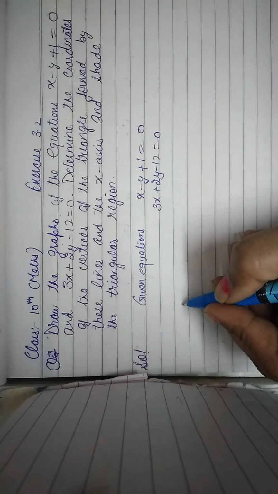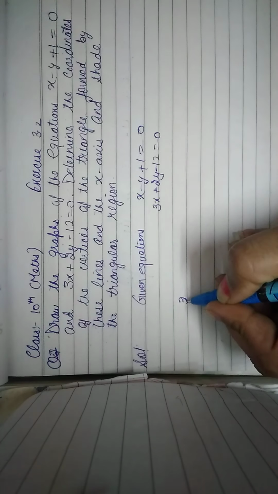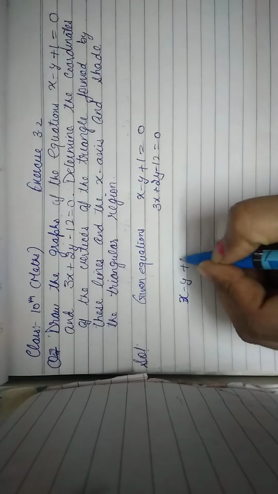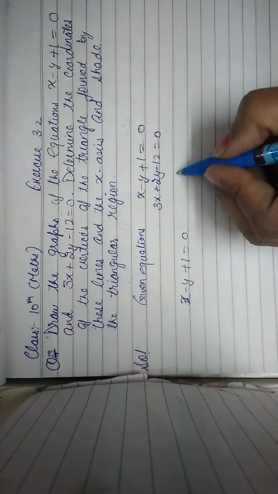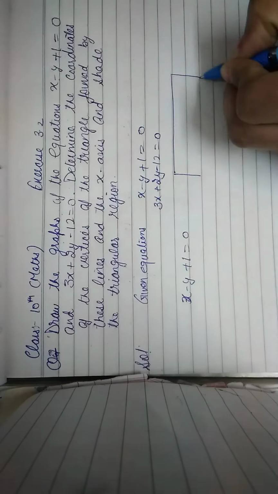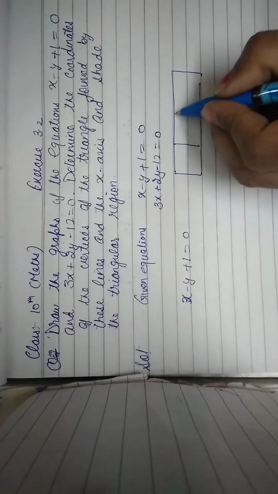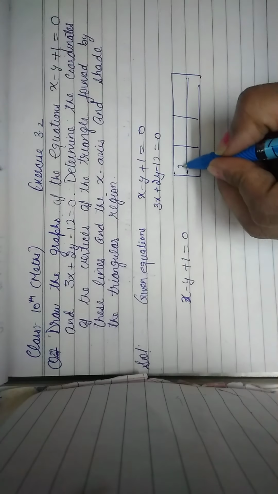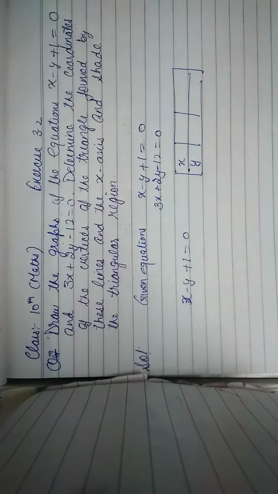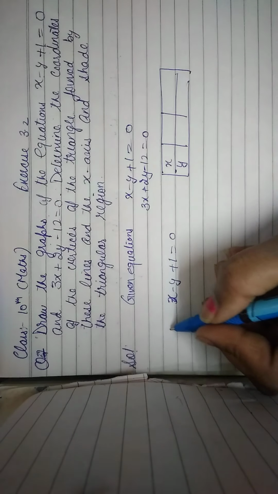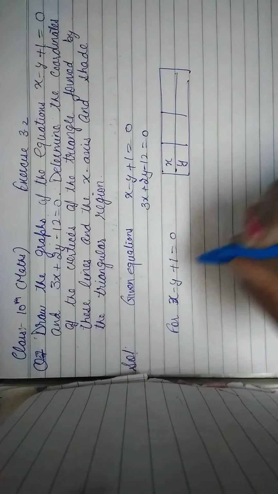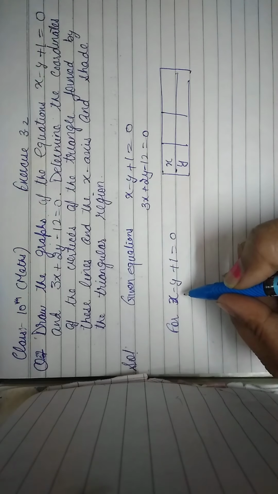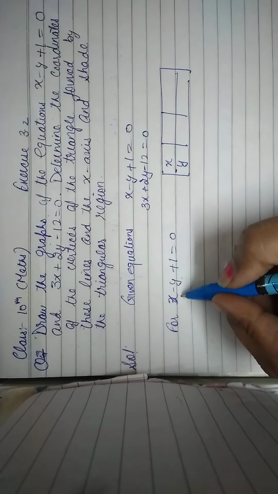So taking the first equation, x minus y plus 1 equal to 0, draw a table and write down x and y. Now, for the first equation, we have to find the values of x and y which satisfy this equation.